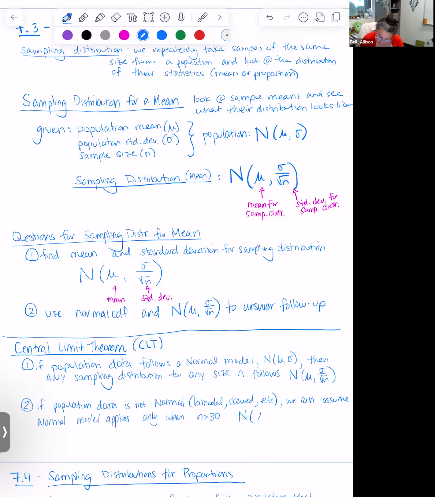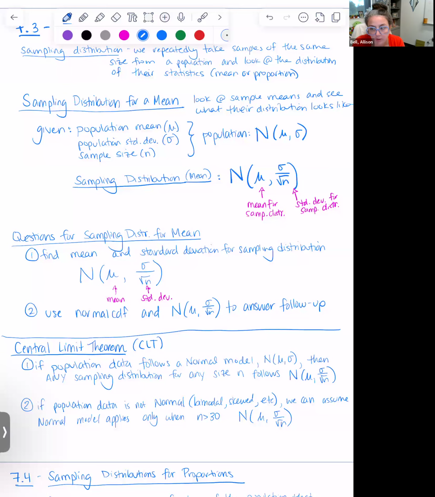So it would be the same model that we see above, but we can only use that sampling distribution when the sample size is larger than 30 if we're told that the population does not follow a normal model.